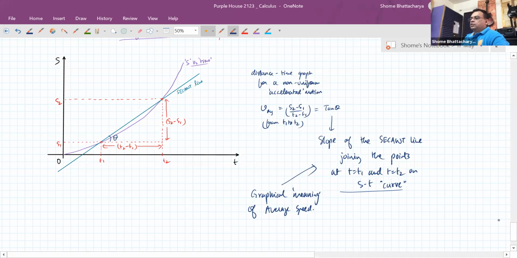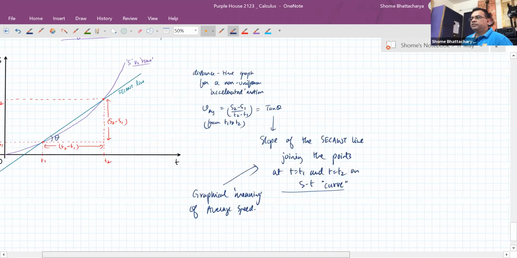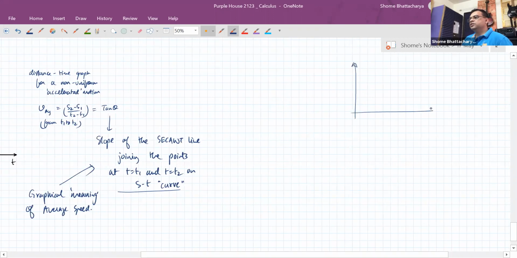Okay, so don't worry about formulae and all that. We'll discuss a lot of numerical examples of this, but right now just understand this conceptually. So the moment we have a curved graph for distance versus time, the interpretation of average speed becomes a little different. Earlier, when our distance versus time graph was a straight line, average speed and instantaneous speed were one and the same thing, and that was equal to the slope. V average was equal to V, which was equal to the slope.